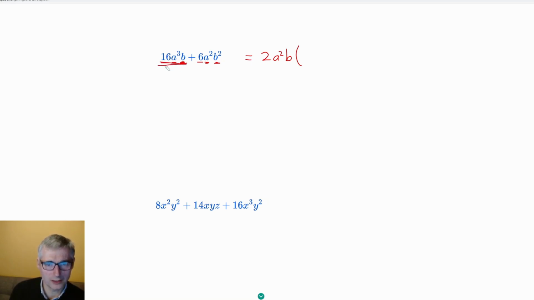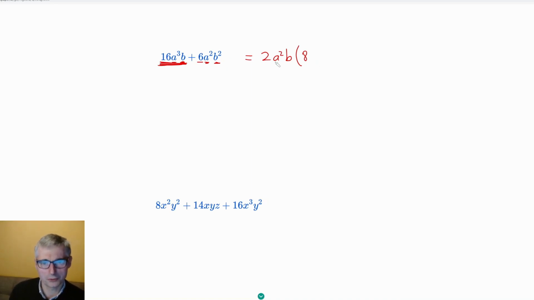So I'm just going to look at each part separately, i.e. I'm going to look at the number bit first. So I can see that to go from 2 to 16 I need an 8, because 2 times 8 will give me the 16.